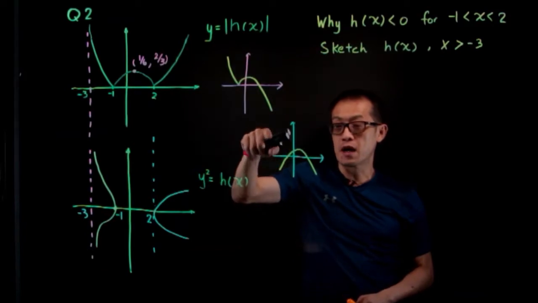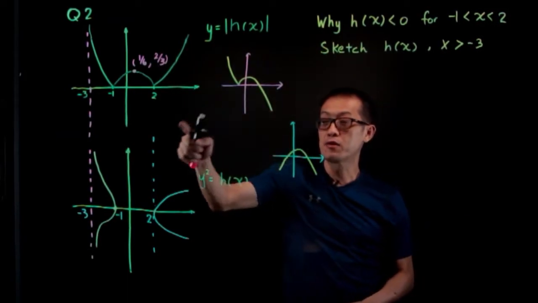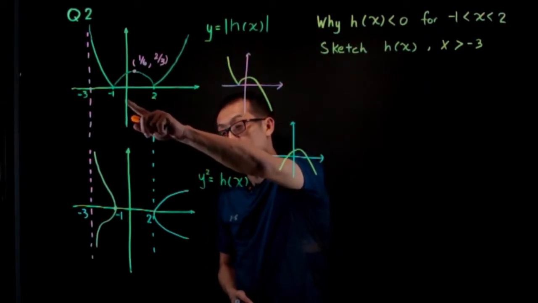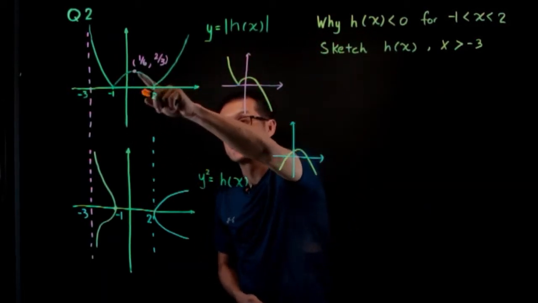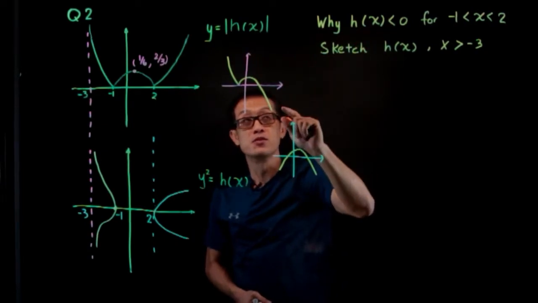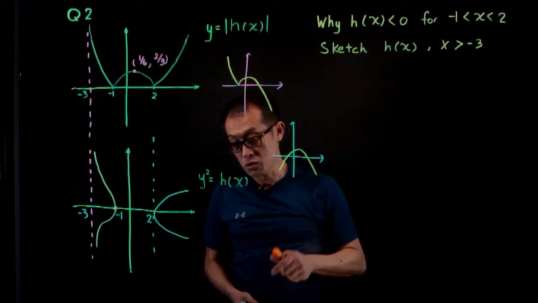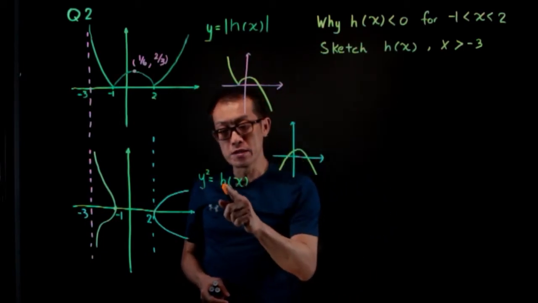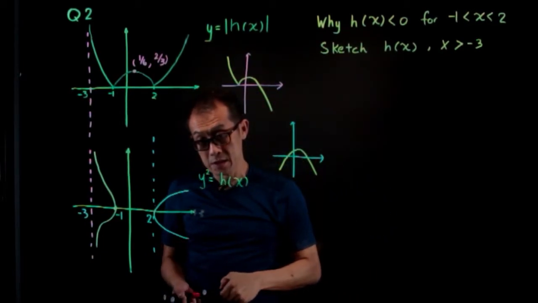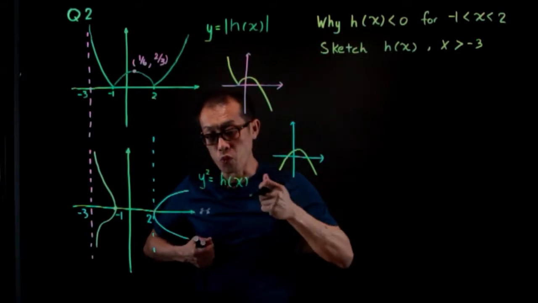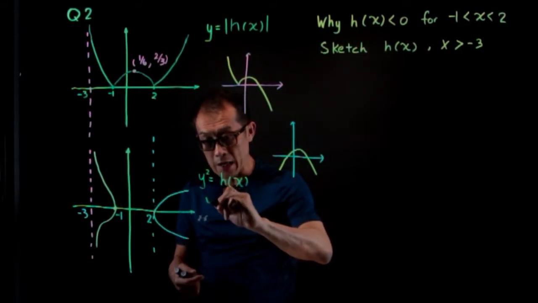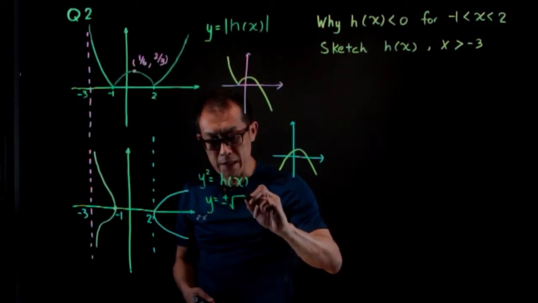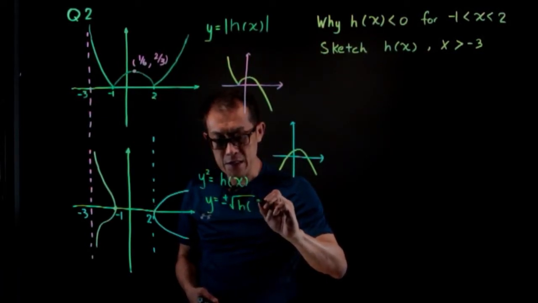After we understand this, let's look at the question itself. Why is h of x less than 0 for x between minus 1 and 2? We are given y squared equals h of x. What does that mean? That means y equals plus minus square root of h of x.